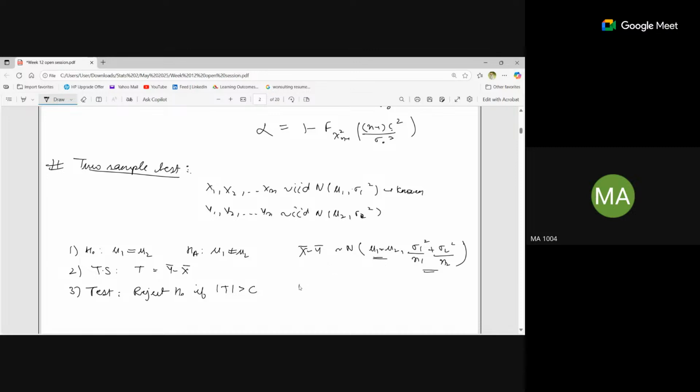If I have to calculate the expectation of x bar minus y bar, this would be the expectation of x bar minus the expectation of y bar. Correct? Now, what is the expectation of x bar?